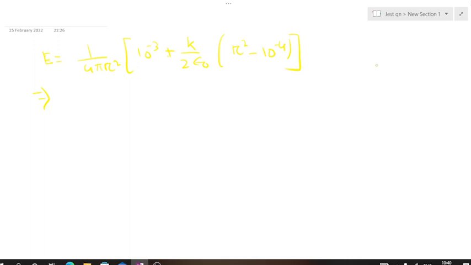To keep the electric field inside constant, dE by dr should be 0.